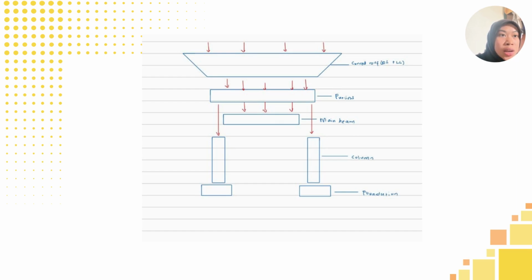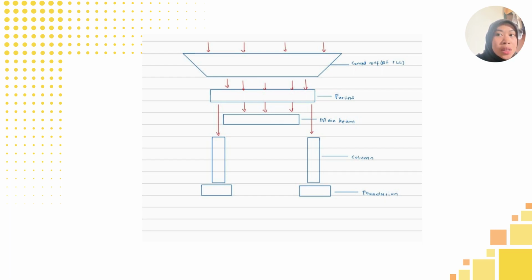As for the tributary area concept, the tributary area is defined as the area of the slab that is supported by the beam. Half the distance to the adjacent beam on either side is taken as the effective width contributing load.